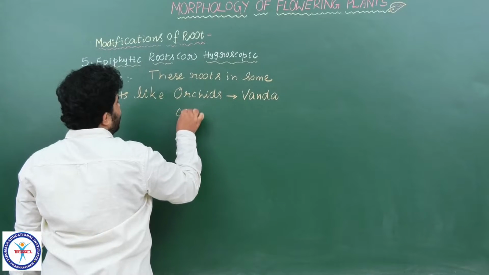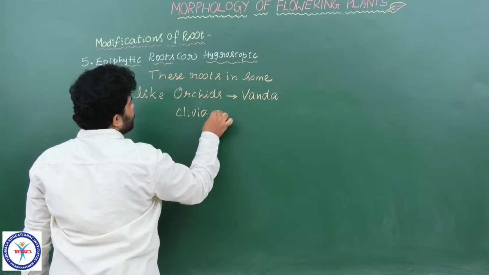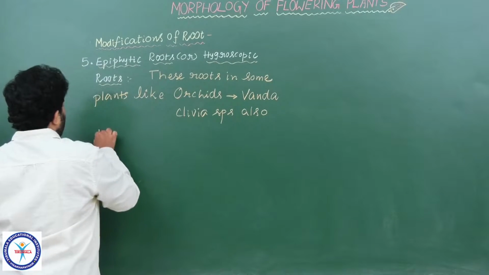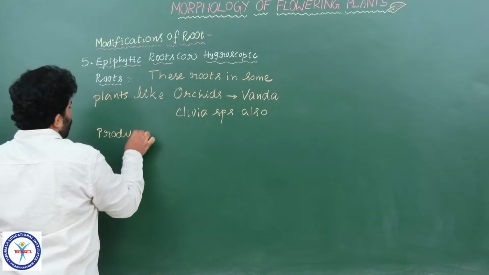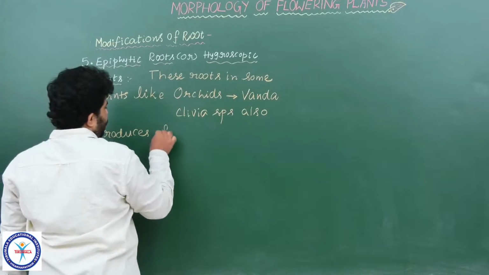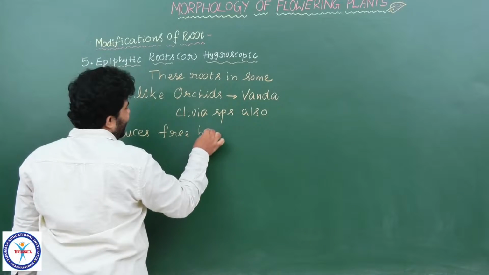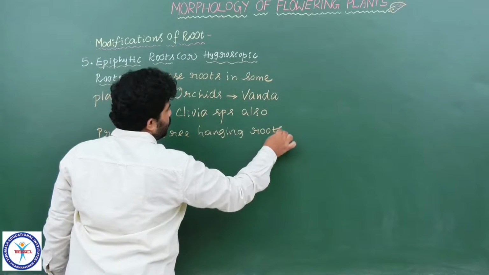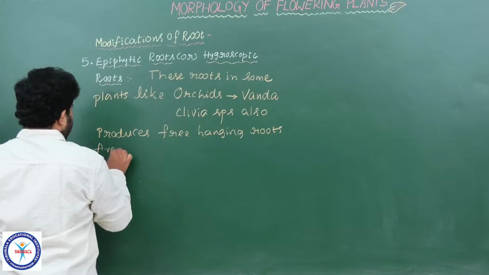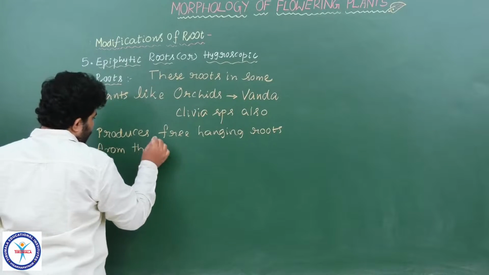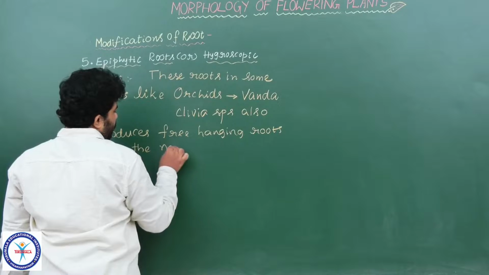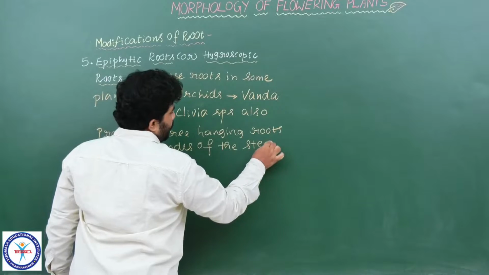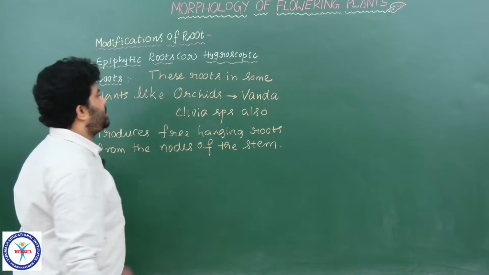Some other plants like Clivia species also produce free hanging roots from the nodes of the stem, especially in plants like orchids.